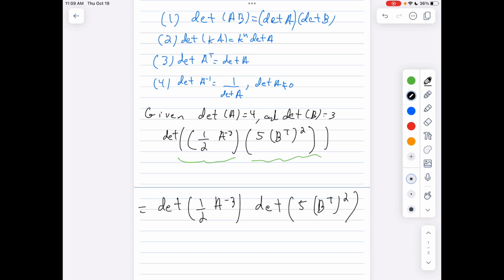Right, so we have two matrices that are multiplied, so we can split it up as such using that first rule. And the next thing I see is that I have constants in front of my matrices here.